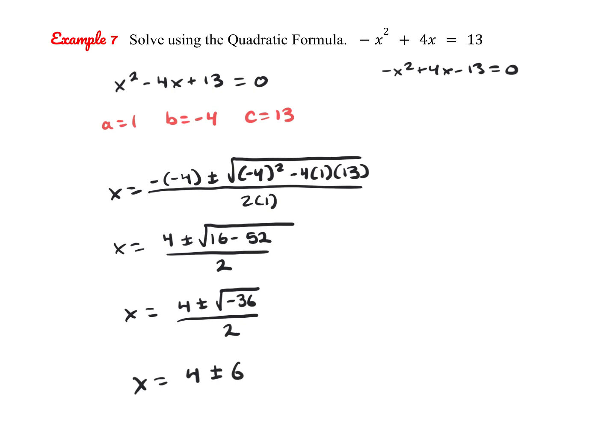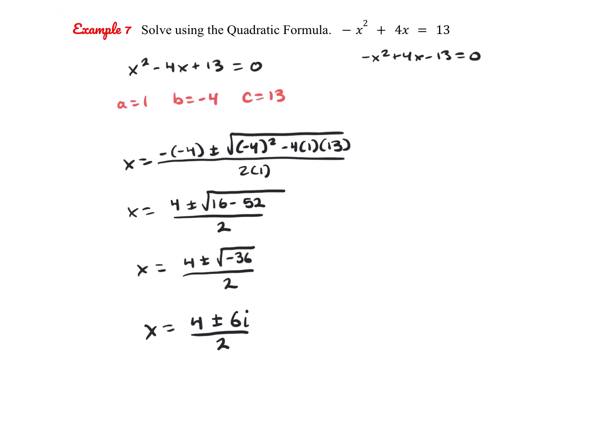It's a perfect square, so we have plus or minus 6i all over 2. Now here we do need one more step to finish simplifying. If you notice that both terms in your numerator are divisible by your denominator, you need to simplify. It is a fraction. We always simplify our fractions. So we end up with 2 plus or minus 3i as our final answers. We have 2 imaginary solutions.